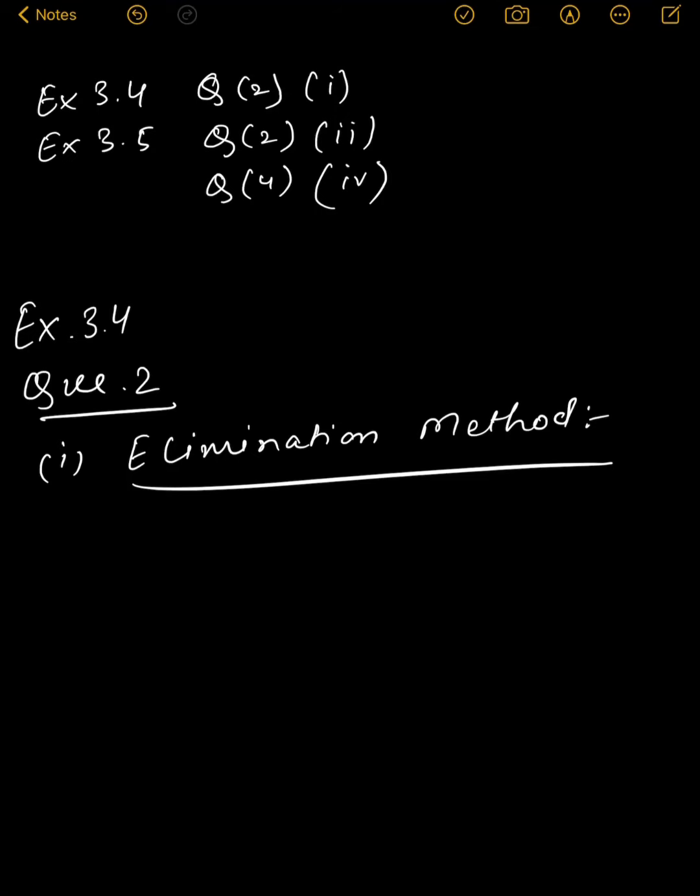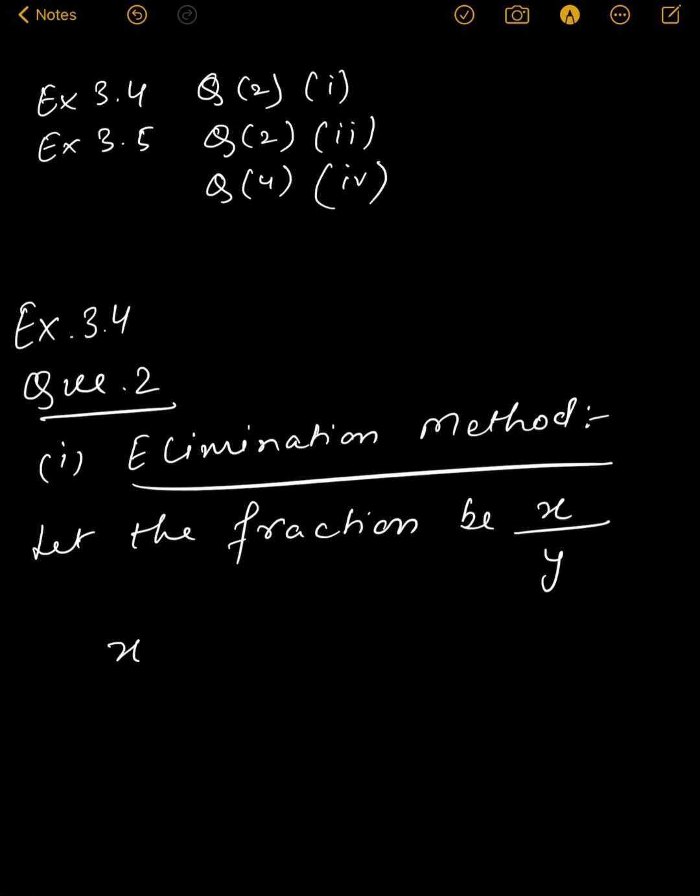Now from the first line, if we add 1 to the numerator, that means x plus 1, and subtract 1 from the denominator, y minus 1, the fraction reduces to 1. So this is the first statement. We can simplify this by cross multiplying: x plus 1 is equal to y minus 1. So this is the first equation we get.